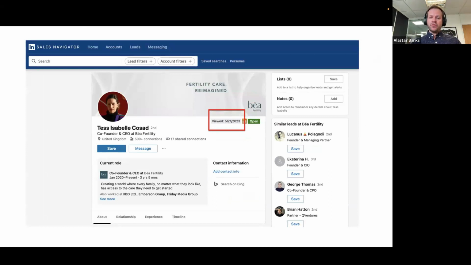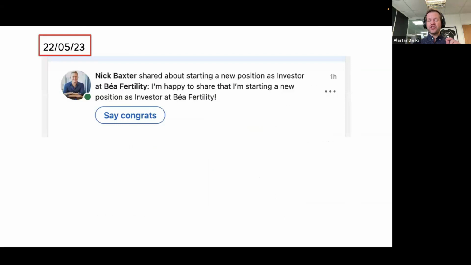So I viewed her profile on the 21st of May, 2023. On the 22nd of May, I logged into LinkedIn completely separately, and I saw this post pop up. It says Nick Baxter shared about starting a new position as an investor at Bayer Fertility.